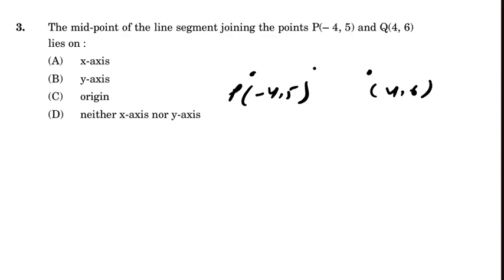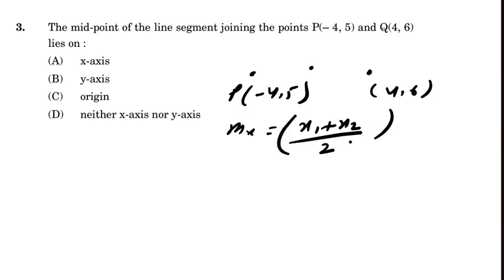We have to find on which axis the midpoint lies. So we know the midpoint formula: for x it is x1 plus x2 by 2, and for y it is y1 plus y2 by 2.